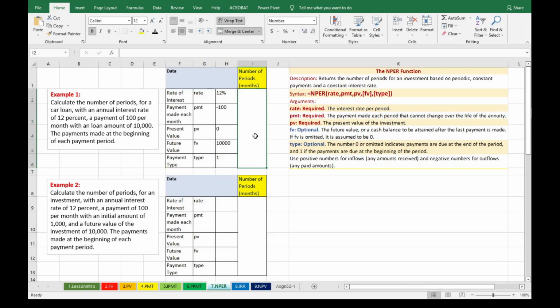Now let's put the function equal to NPER, and the rate is 12%, but because it's a monthly payment, we'll have to divide by 12. Then payment made each month is 100. Then present value is 0.